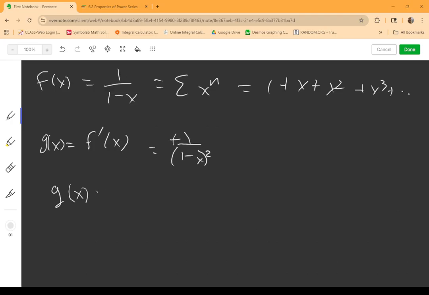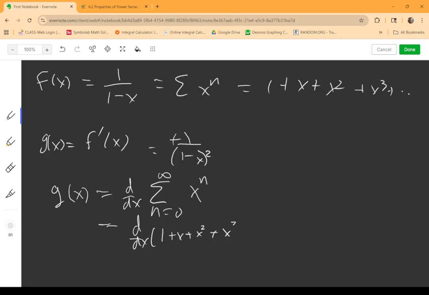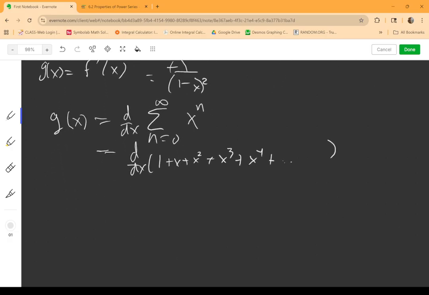By taking the derivative of the sum of x to the n, that is d/dx of 1 plus x plus x squared plus x cubed plus x to the fourth, etc. Notice that the actual derivative itself is pretty straightforward.